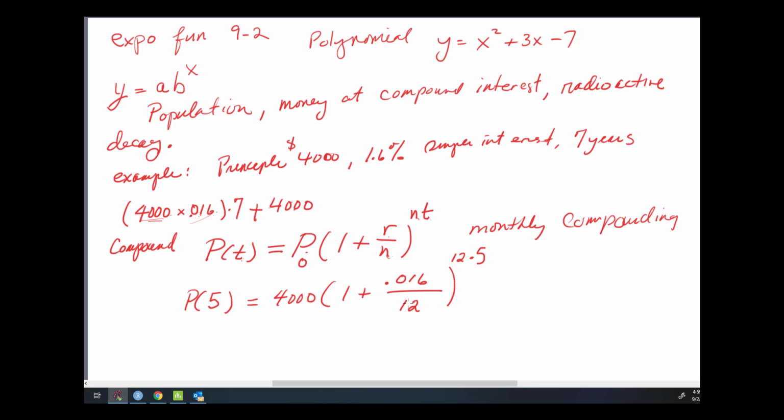And the 0.016 divided by 12, that would be the interest rate per compounding period. You do it 12 times a year, so you don't get all of this each compounding period, you just get a 1/12 of it.